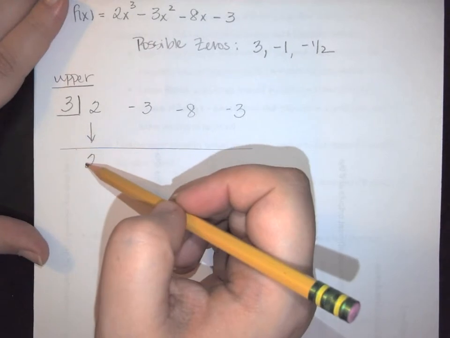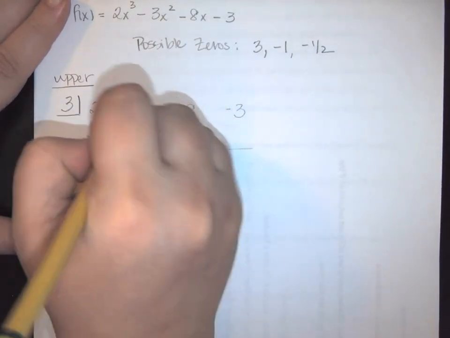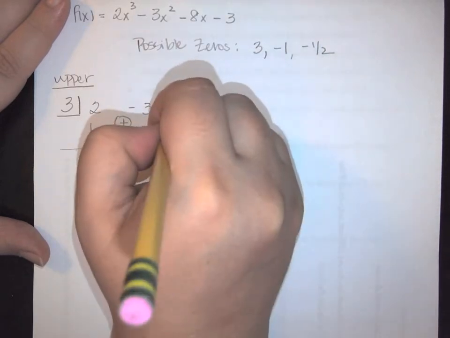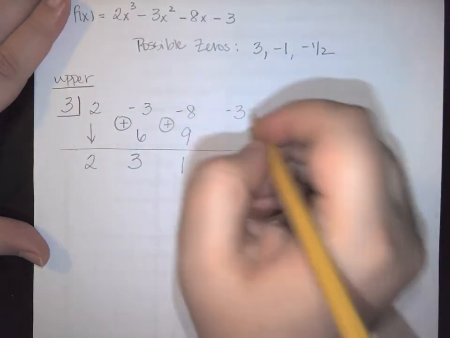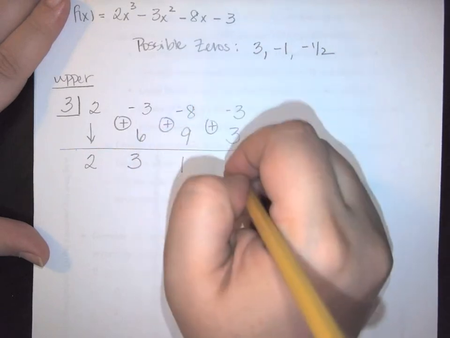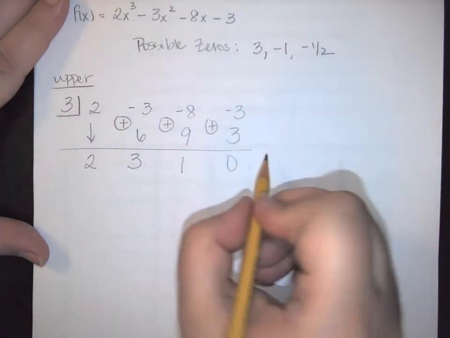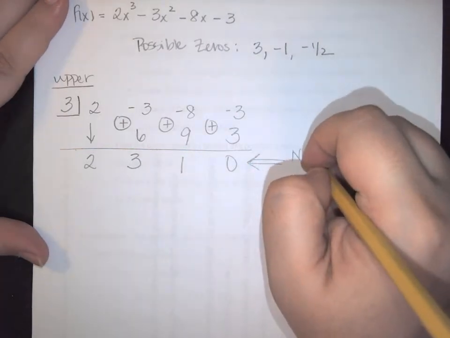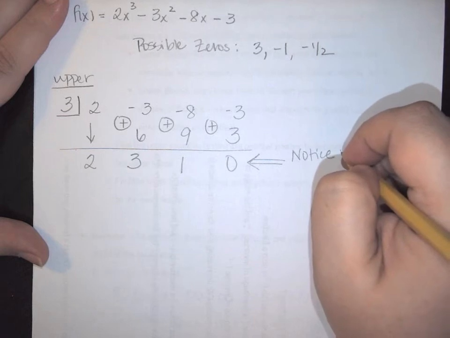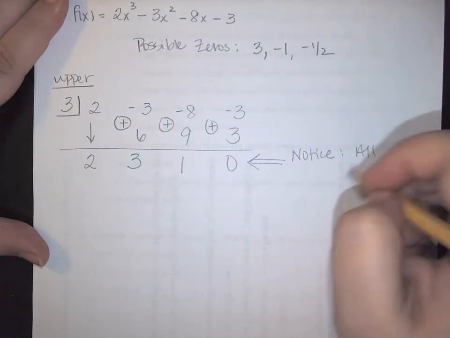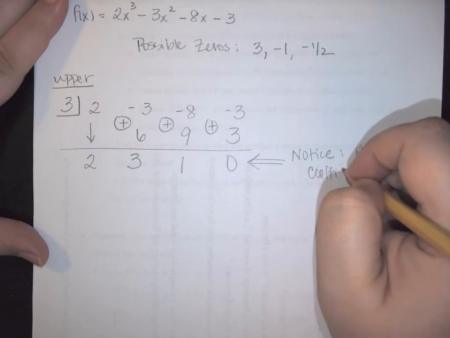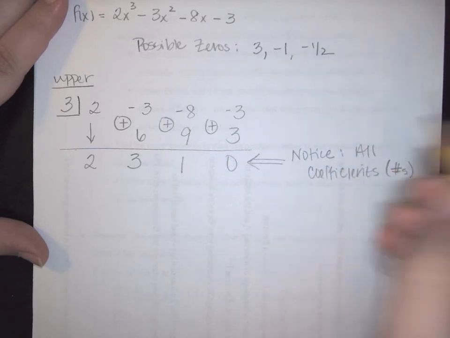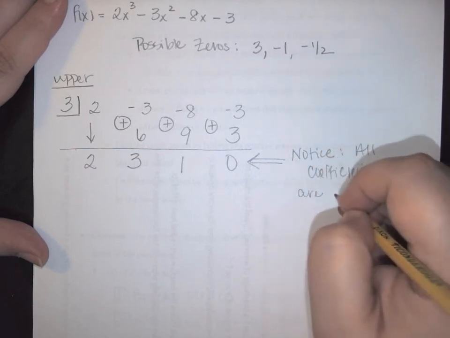Okay, so 2 times 3 is 6. Add these together and I get 3. 3 times 3 is 9. Add these together, I get 1. 1 times 3 is 3. Add these together, I get 0. So, if you look purely down here, what you will notice is that all coefficients, remember that's the numbers, are positive.